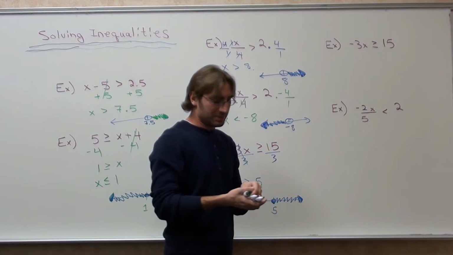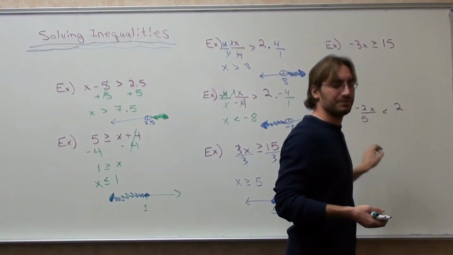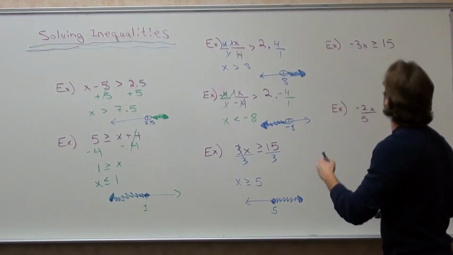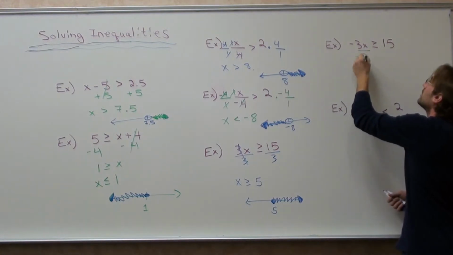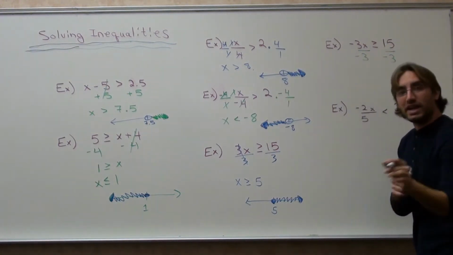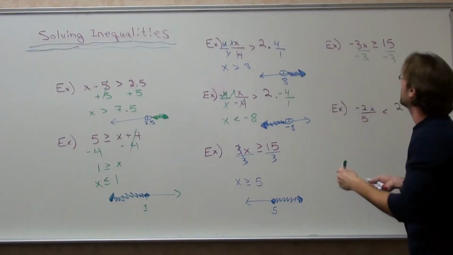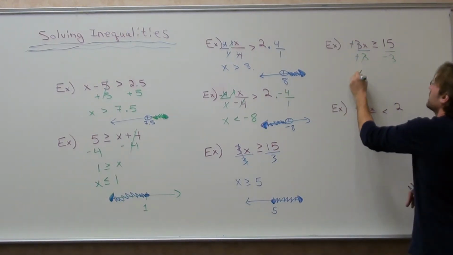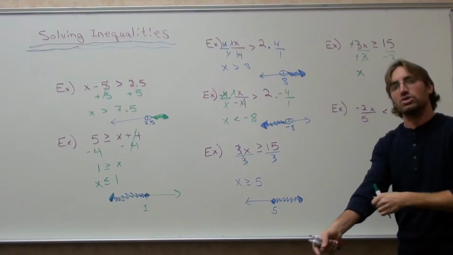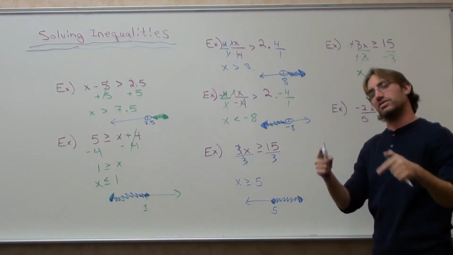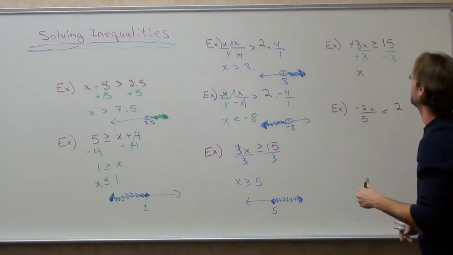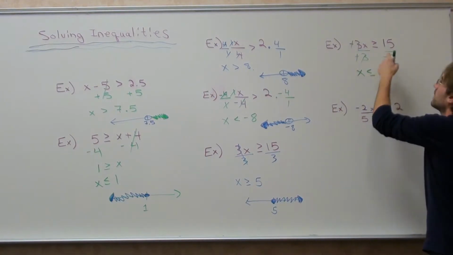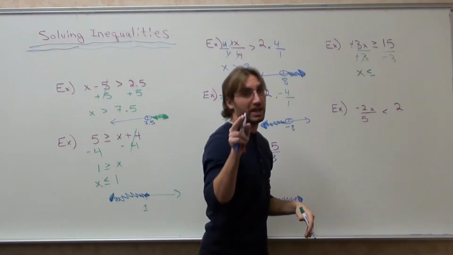2 more problems. I like this challenging one right here. That's why I put it up there. You divide by negative 3 because it's negative 3 times x. Negative 3 and 3 cancel and become a 1. X is, no, it's not greater than or equal to, because anytime you multiply or divide by a negative, it flips the inequality. 15 divided by negative 3 is negative 5.